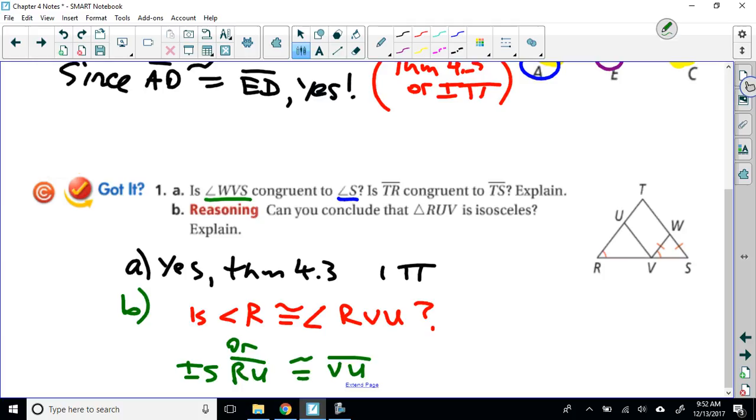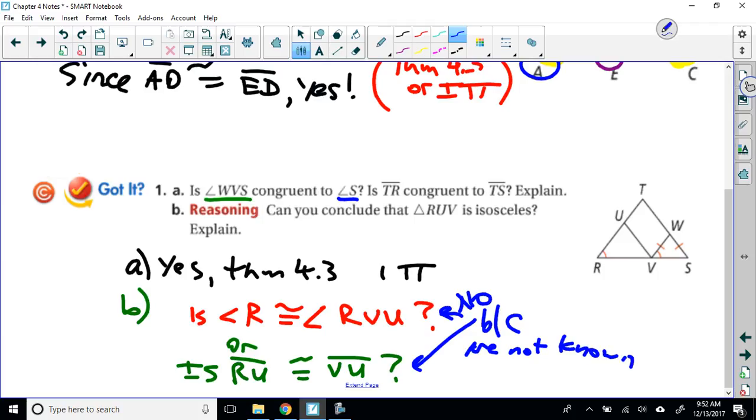Do we know either of those two things? We don't. So on this part B, the answer is no. We would need to know that angle RVU and angle R are congruent, and we don't. Or we would need to know that RU and VU are congruent, and we don't. So the answer to part B is no, because we don't know those things.